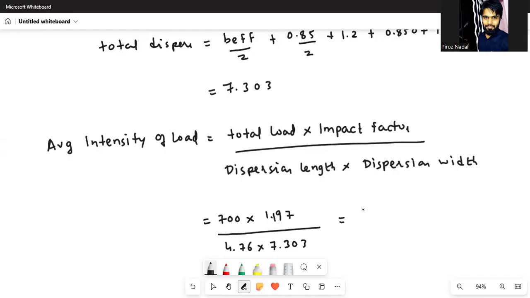So the intensity of the loading for the shear force is 24.1 kilonewton per meter square.